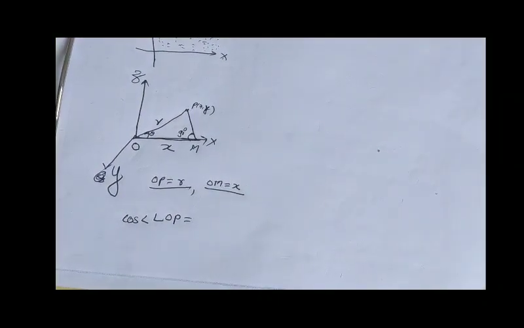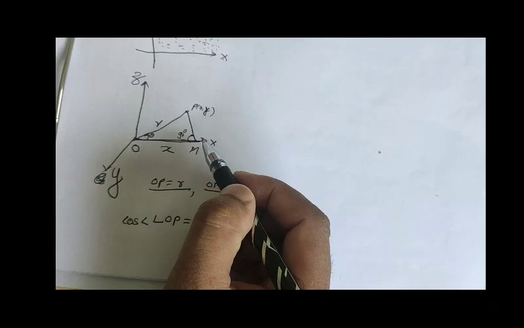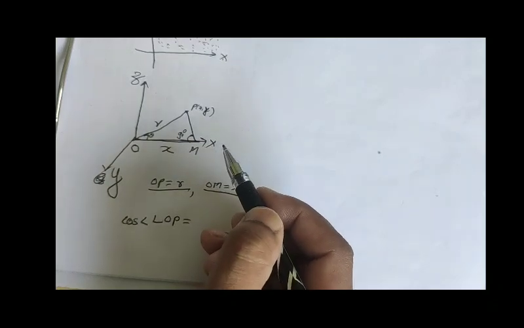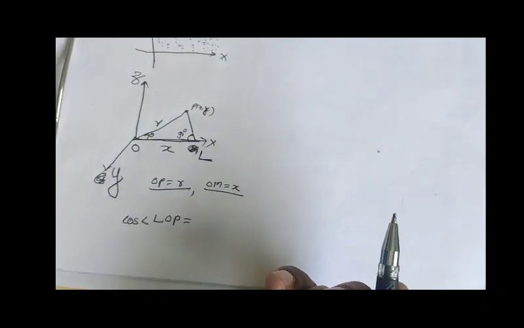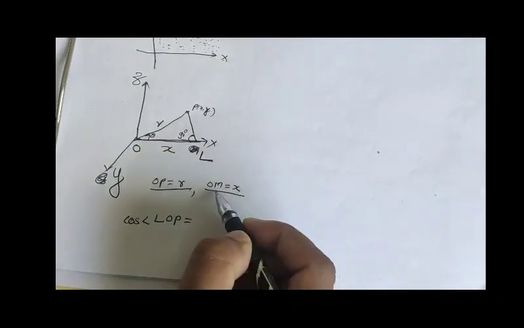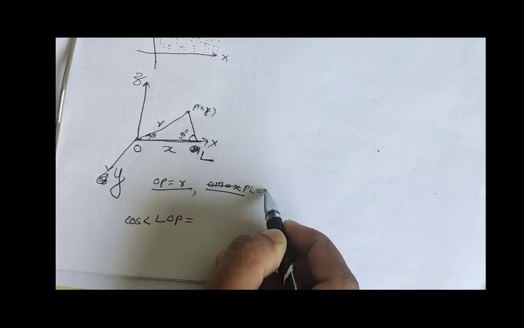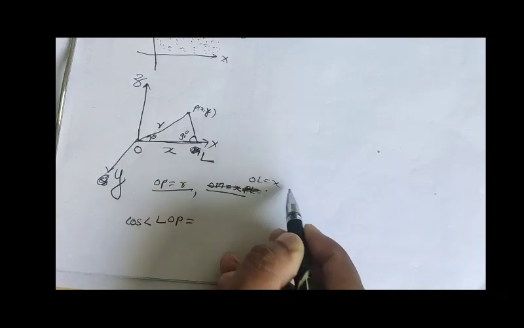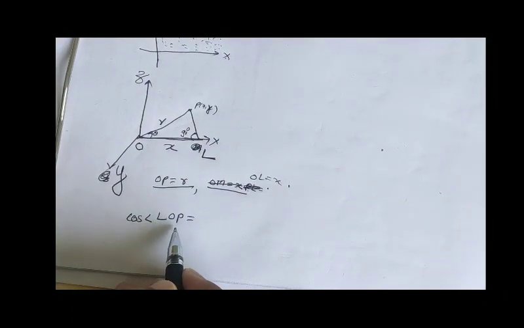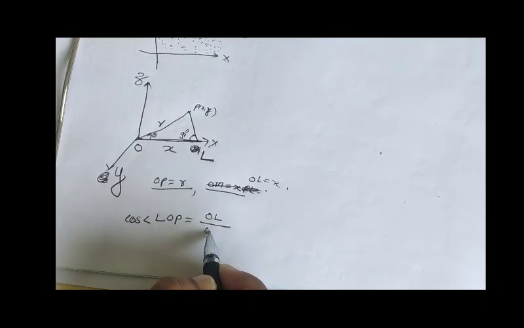There is no L, so we can take this point as L. PL is the perpendicular drawn on the x-axis. So this distance is OL. Cos angle LOP is equal to OL divided by OP.